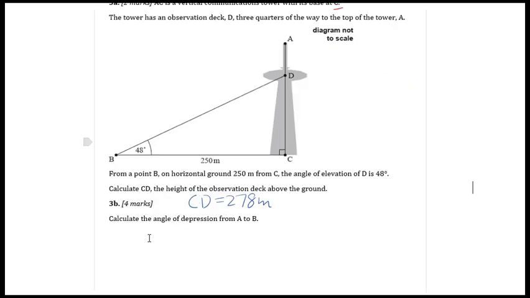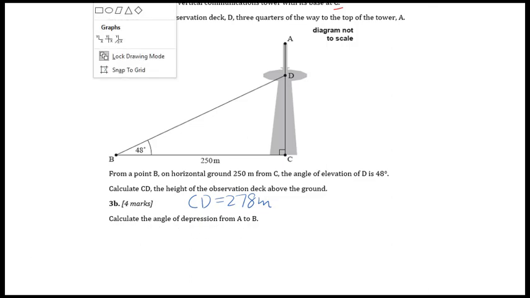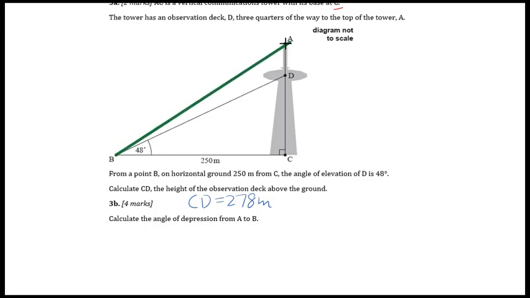Let's go to 3D. Calculate the angle of depression from A to B. First of all, we need to connect this A and B. Then you need to draw the horizontal line passing through A, because they said from A. This is a horizontal line. Therefore, we know this angle is the depression angle.